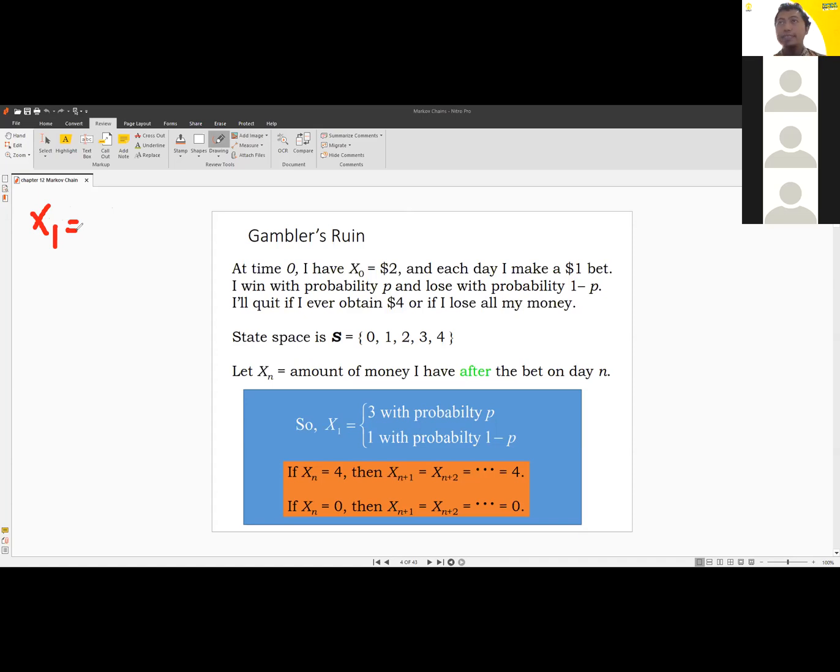In day one, there are only two possible conditions, right?